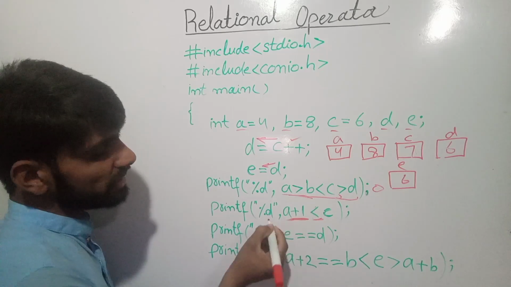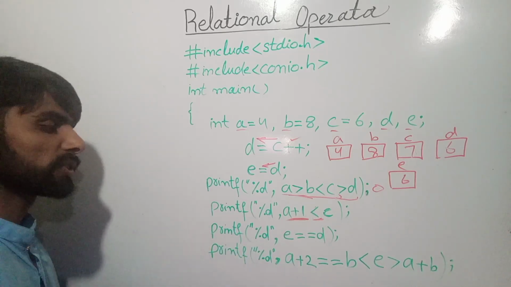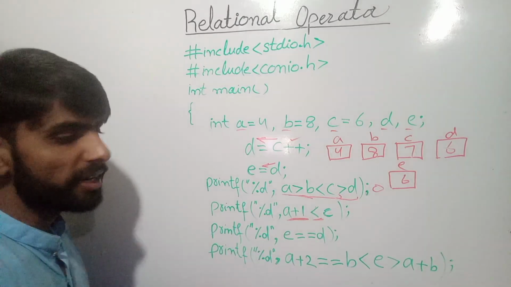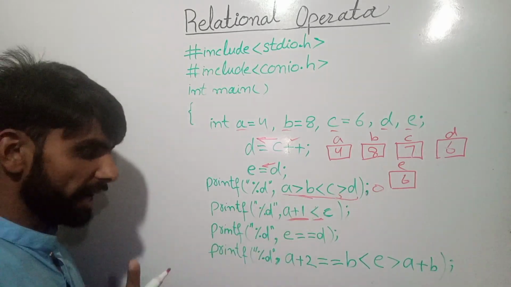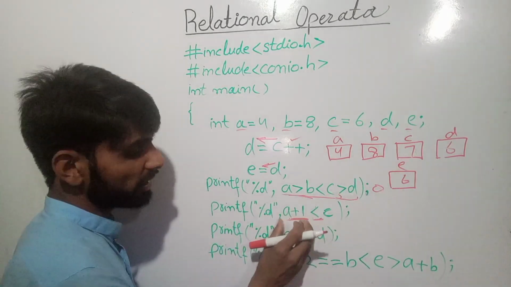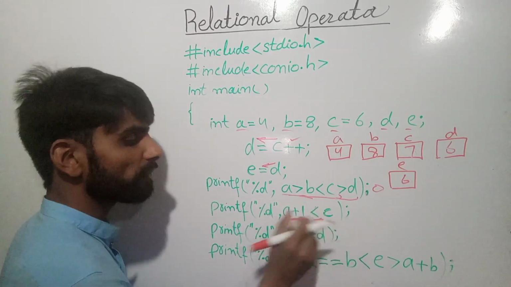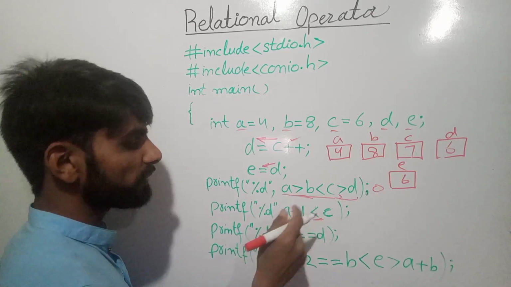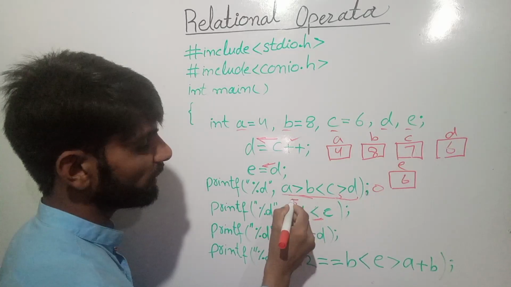In the C language, the arithmetic operator has higher precedence, so arithmetic will be calculated first, and after that the relational operator will be evaluated, right? So a plus 1, that is 4 plus 1, means 5, right?